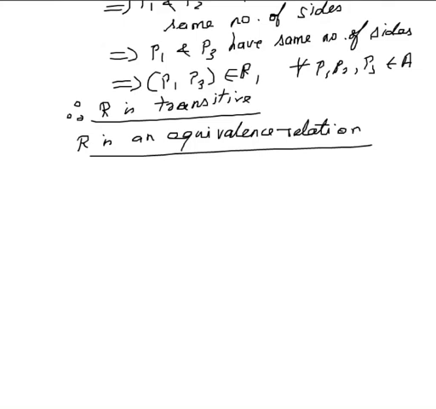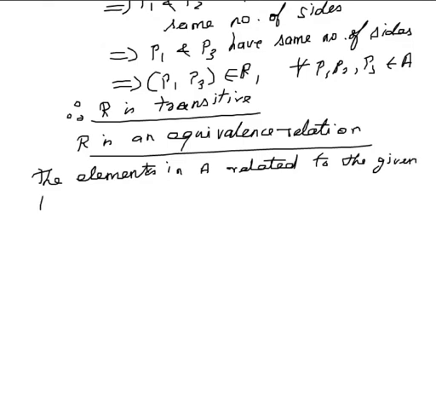That means the set of all triangles. So the elements in A related to the given triangle are all triangles. The answer is the set of all triangles.